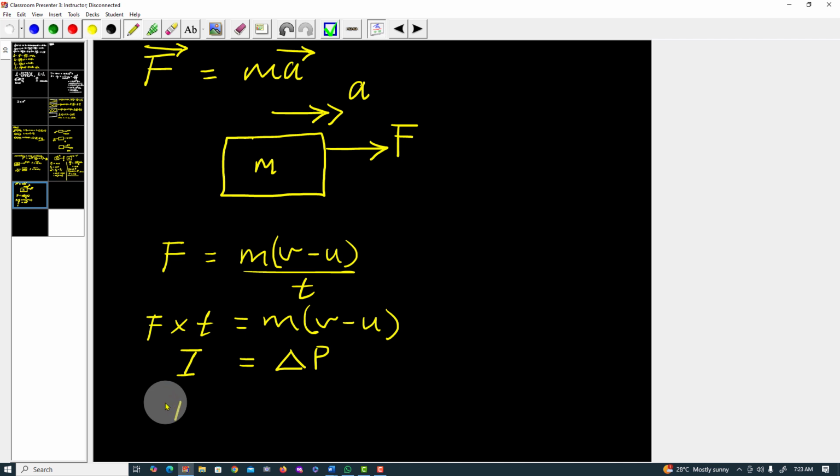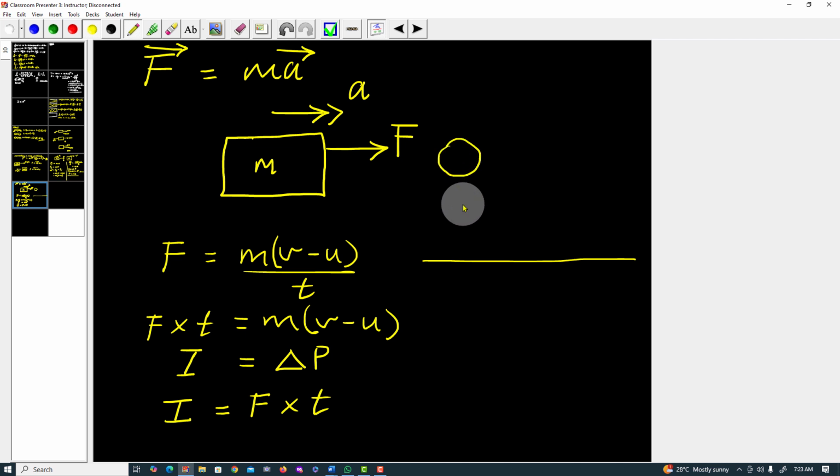So the impulse of a force is defined as the product of that force and the time for which the force is acting. For example, consider the ground, and a ball, a basketball, falling towards the ground. There is that particular instant when the ball just makes contact with the ground, but it is still in motion.